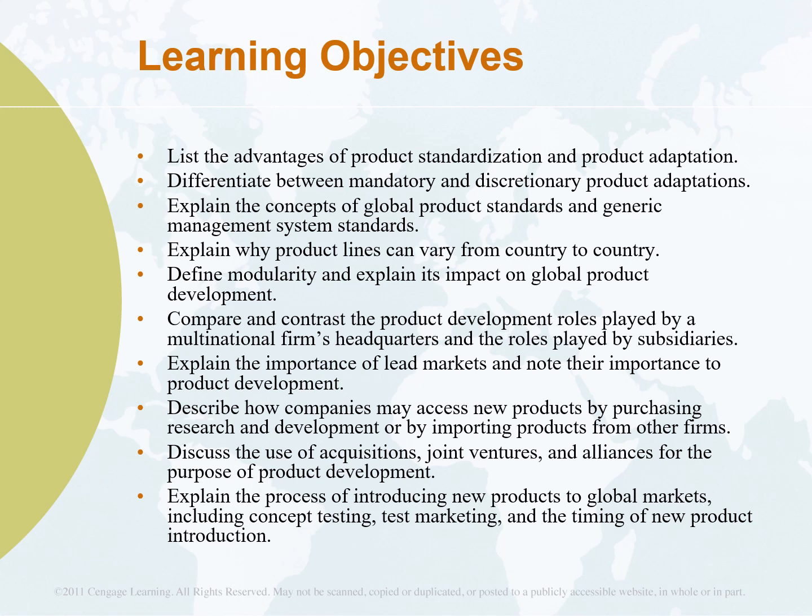You need to be able to differentiate between mandatory and discretionary product adaptations. Mandatory versus discretionary. You need to be able to explain the concepts of global product standards and generic management system standards. Explain why product lines can vary from country to country, define modularity, and explain its impact on global product development.